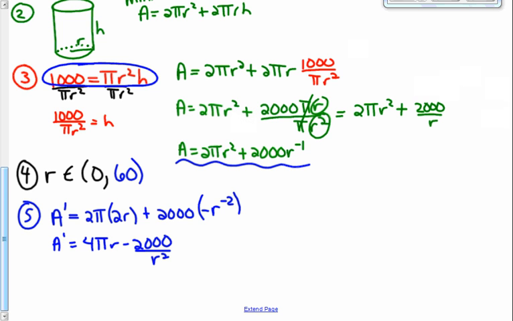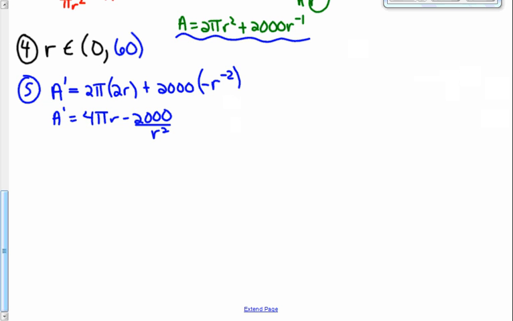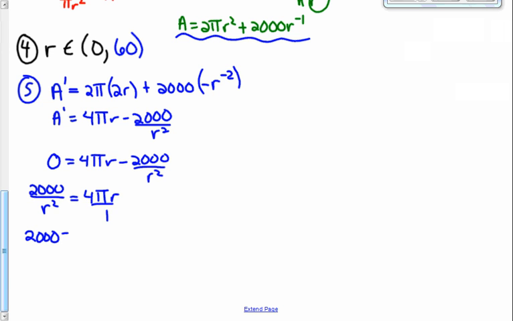And to find my critical points, again, from last class, we need to set our derivative equal to 0 and also find where my derivative does not exist. So I set it equal to 0. I add the 2,000 over r squared to the opposite side of the equation, and then basically what I'm going to do is cross multiply. And I have 2,000 is equal to 4 pi r cubed.